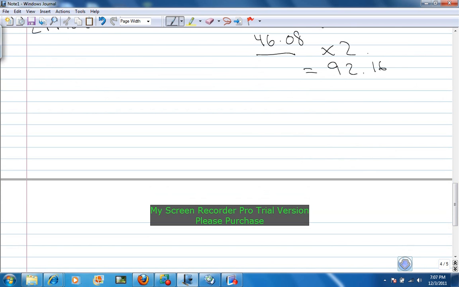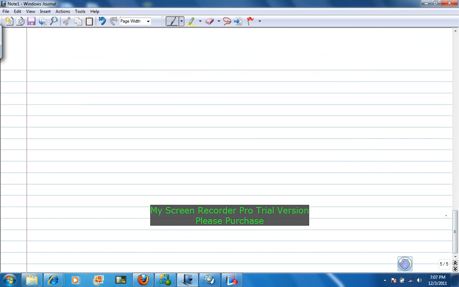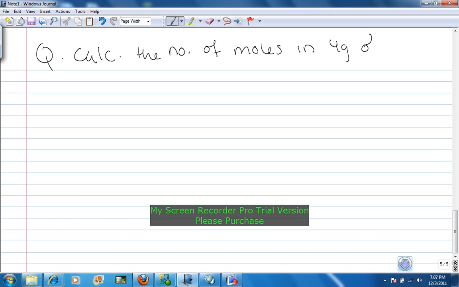Now, if you get a question, this deserves a new page because it combines everything we know now. If you get a question that asks you to calculate the number of moles in 4 grams of sodium hydroxide, how would you do this? Well, we have a formula. I personally find the triangle really helpful.